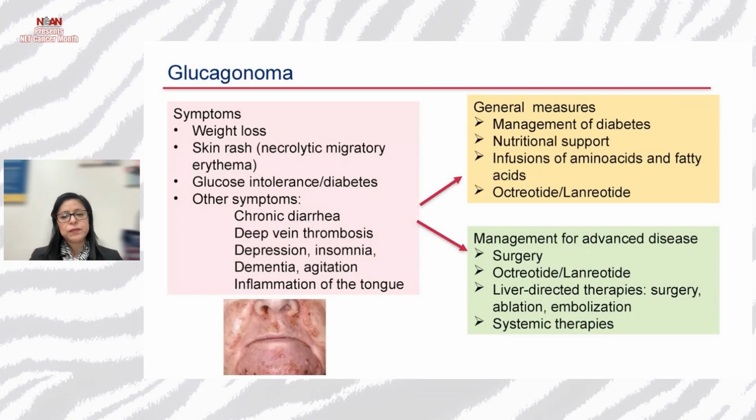discussed with the patient. Glucagonoma is super rare. As we discussed, glucagonoma is the excess of glucagon. So glucagon is responsible for some of the metabolism of certain amino acids in the body, but at the same time, this excess of glucagon can inhibit the insulin secretion. If there is not enough insulin, then they cannot lower the glucose, so these patients may develop diabetes.